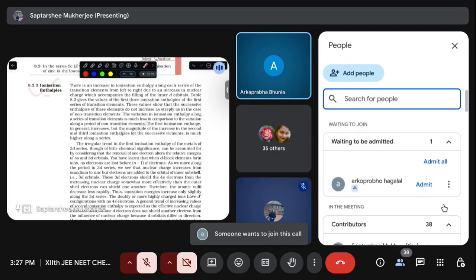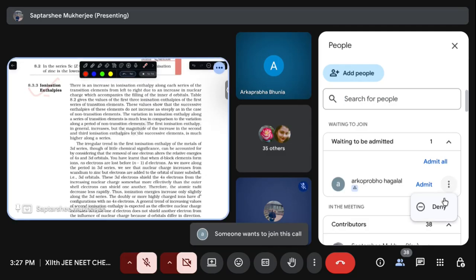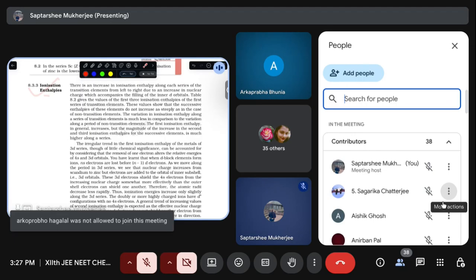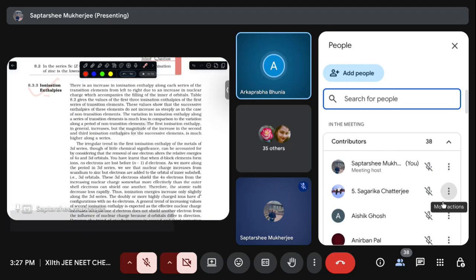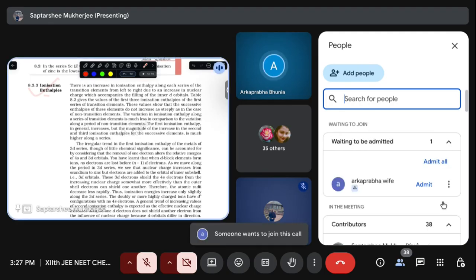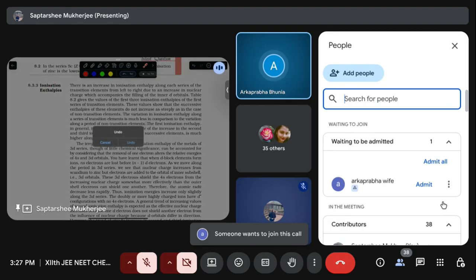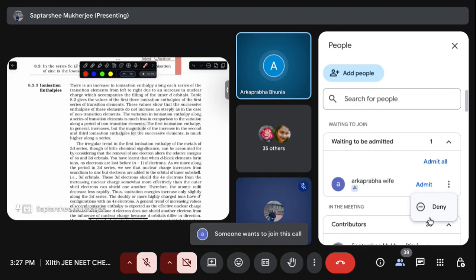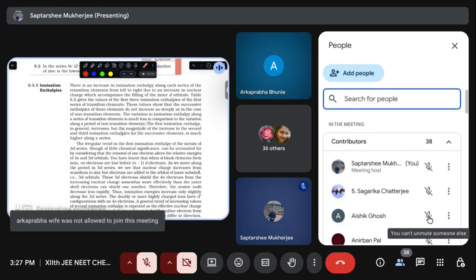Table 8.2 is the values of the first ionization enthalpy of the first series of transition elements. These values show that the successive enthalpies of these elements do not increase as quickly as in the case of non-transition elements. The variation in ionization enthalpy along a series of transition elements is much less in comparison to the variation along a period of non-transition elements.